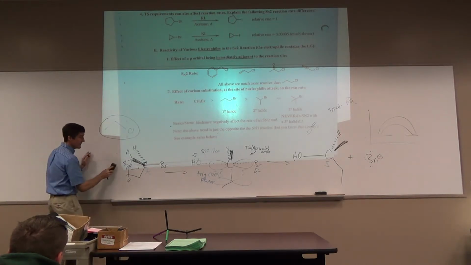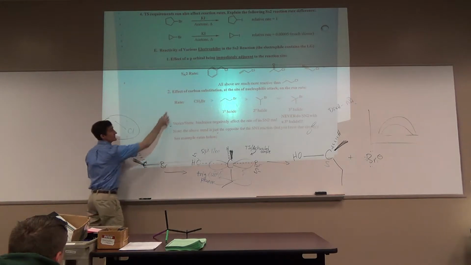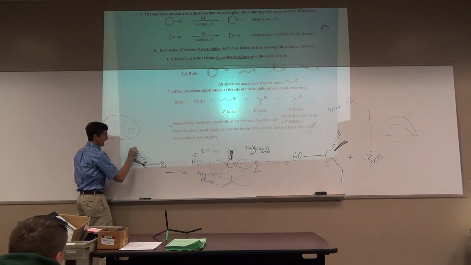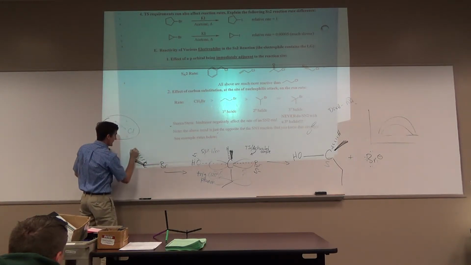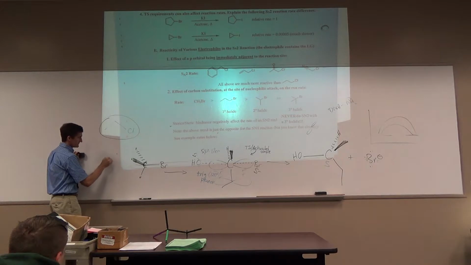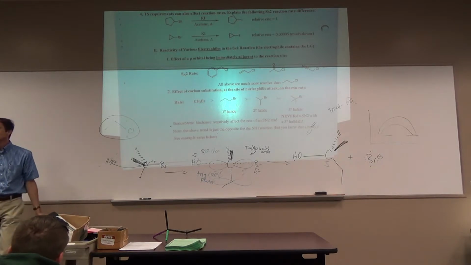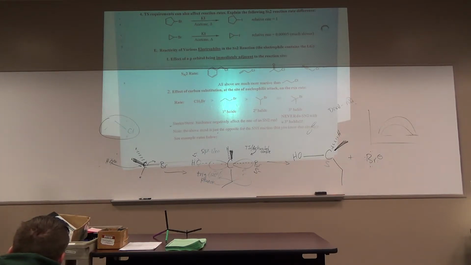That K hit, okay? But what if this C only had H's, like that C? Now keep in mind, I drew the H's, but H's are quite small. Does it have any trouble getting in there? Oh, this is very simple, guys.